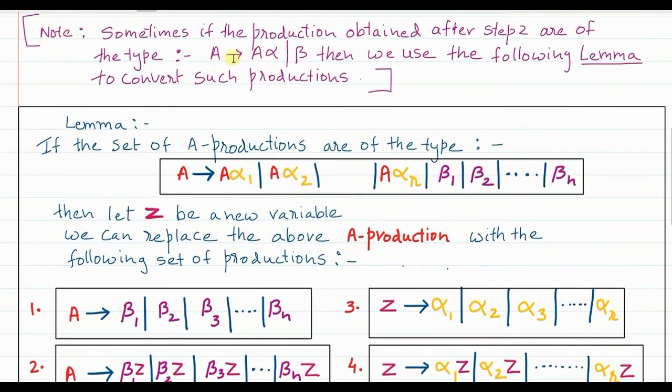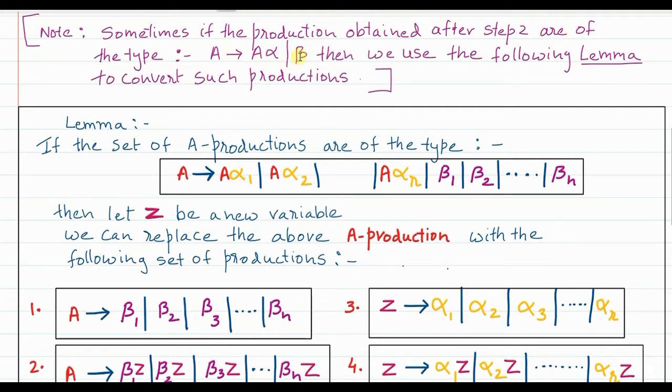Note, sometimes the productions obtained at the end of step 2, that is, after elimination of null productions and unit productions, are of the type A gives A alpha or beta. How do we recognize this?